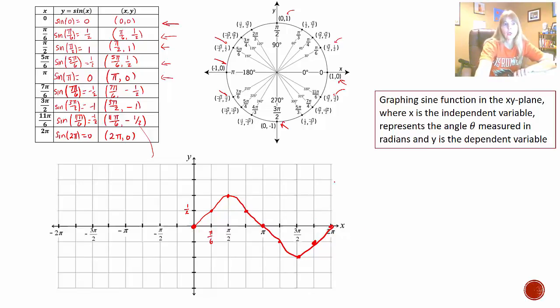Now, if you remember, we said that the sine function was an odd function, so if I didn't want to read all of these over again and go in the negative direction of my angles, I can plot these points like these, and then back down, and this would give me the full graph from negative 2 pi to 2 pi.